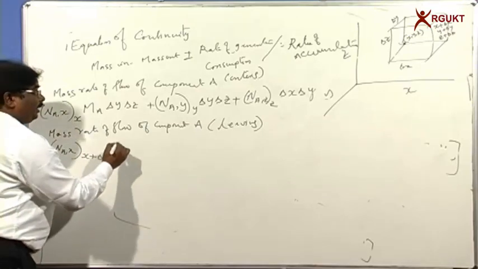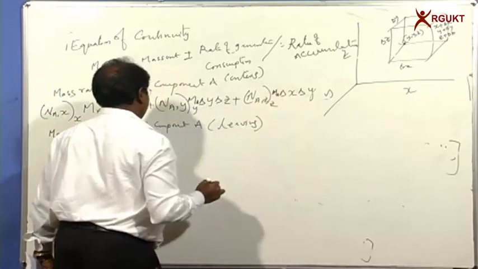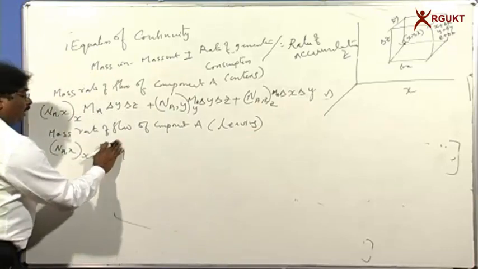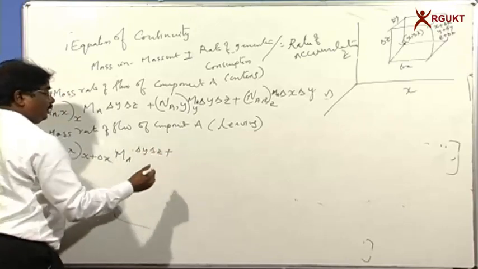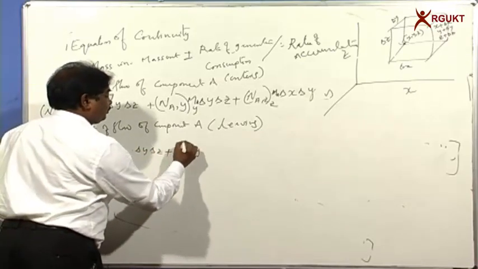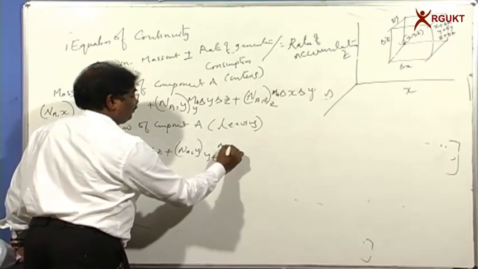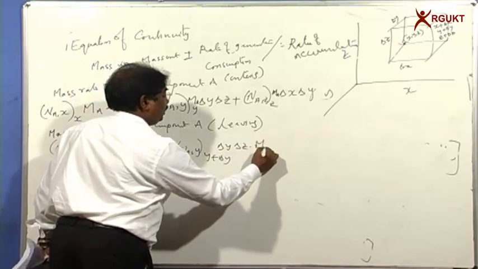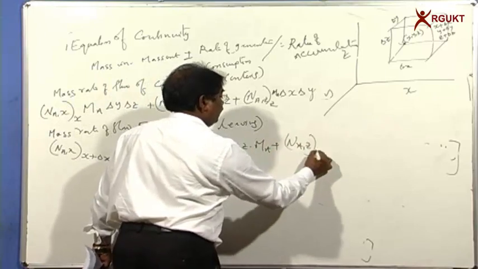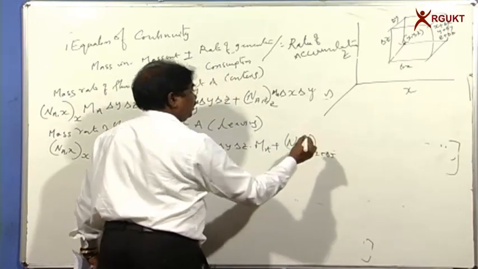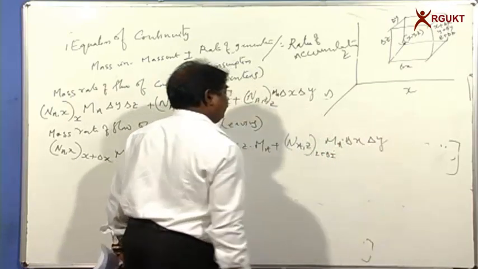Again there will be MA, and x plus delta x, MA, delta y, delta z, NAy, y plus delta y, delta y, delta z into MA, NAz at z plus delta z, MA delta x delta y.